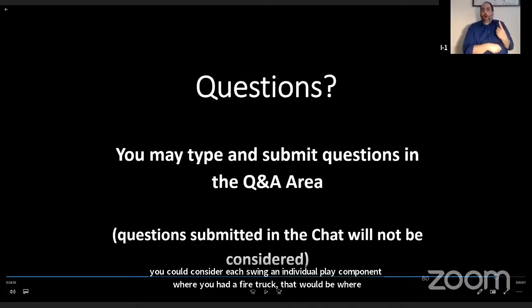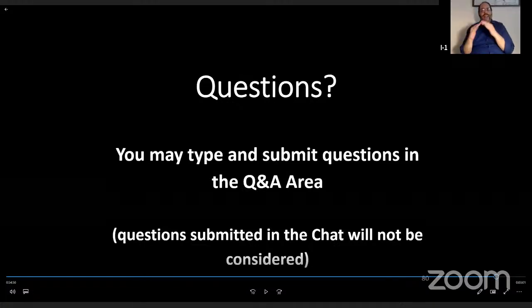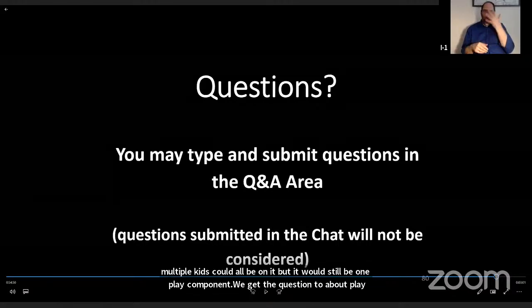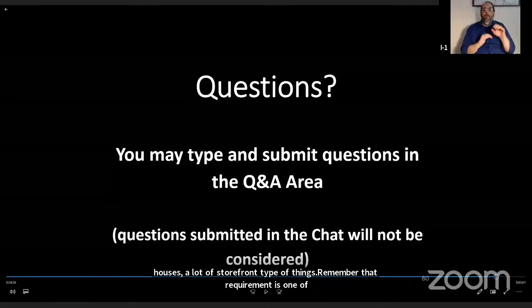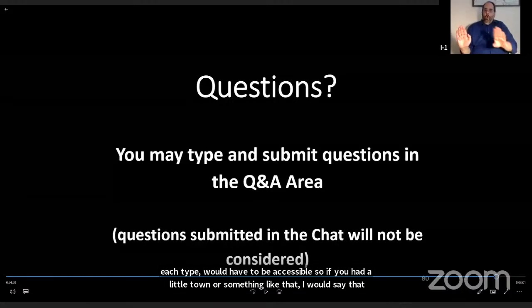We get the question too about play houses, a lot of storefront type of things. Remember, that requirement is that one of each type would have to be accessible. So if you had a little town or something like that, at least one of them would have to be on this accessible route and facilitate access into it.